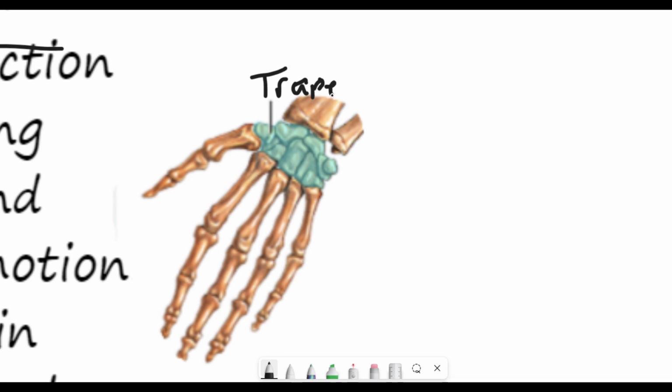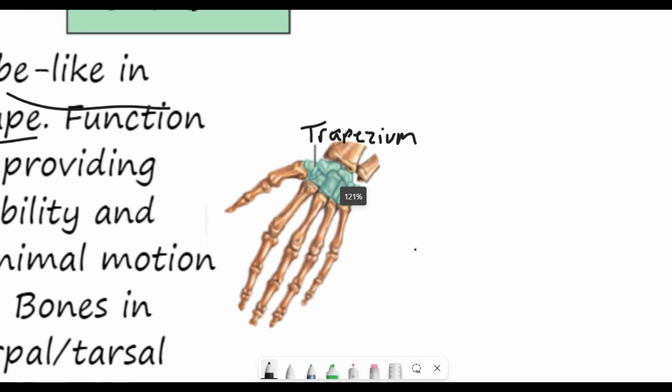But like I said, all these bones here are going to be short bones. It's not just the trapezium. Your scaphoid is going to be a short bone. Your pisiform is going to be a short bone. Your hamate, lunate, capitate, all those are going to be short bones.